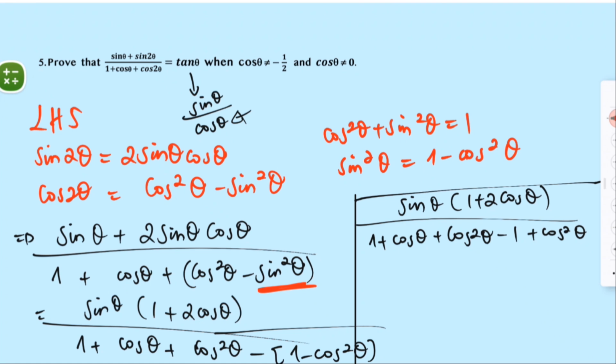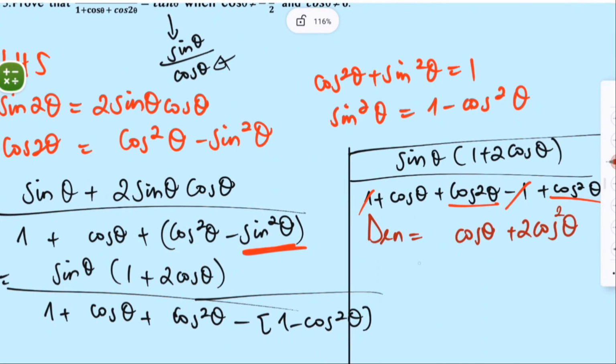I'm just expanding the bracket. Now the cos squared thetas would add up to give 2 cos squared theta, but then the ones would cancel out. The denominator for now would be cos theta plus 2 cos squared theta.